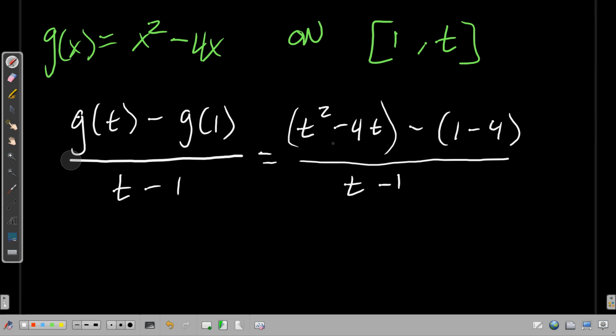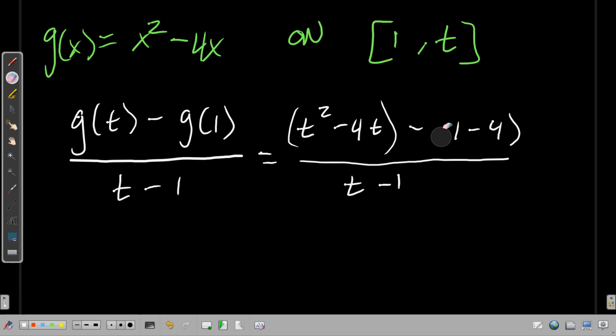So what I want you to do is keep your g of t in these parentheses and keep your g of 1 in these parentheses, so that way you don't end up messing up this minus symbol.